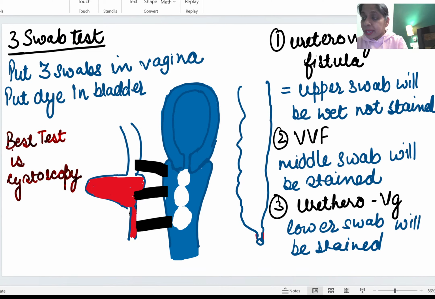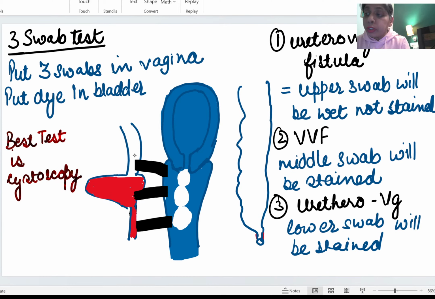Now what will happen if the upper swab is wet but not stained? Why? Because we have not filled the ureter with dye. We have only filled the bladder with the dye.